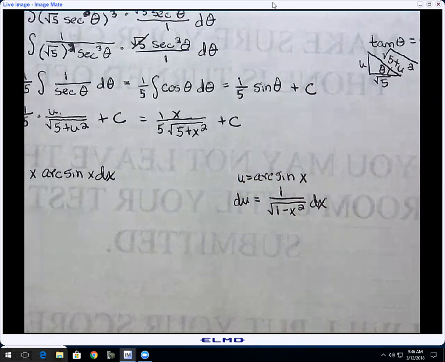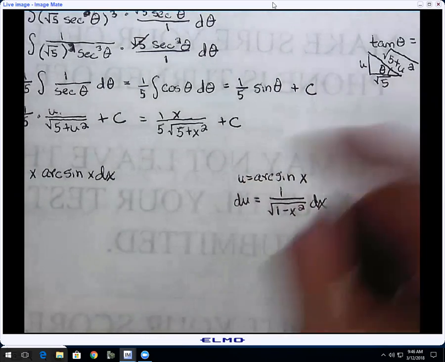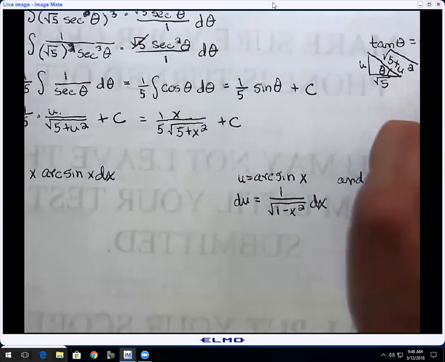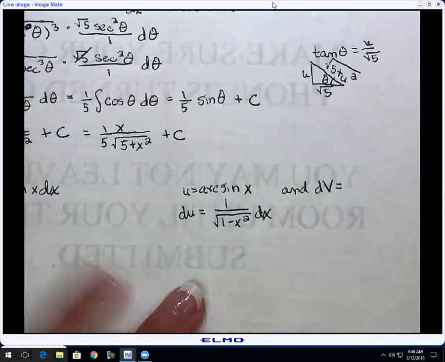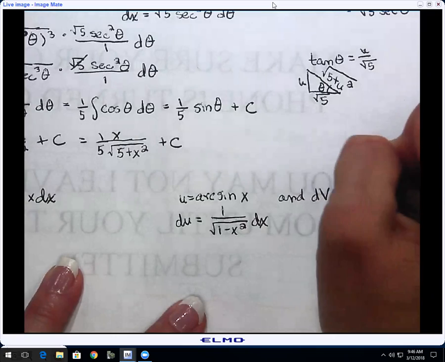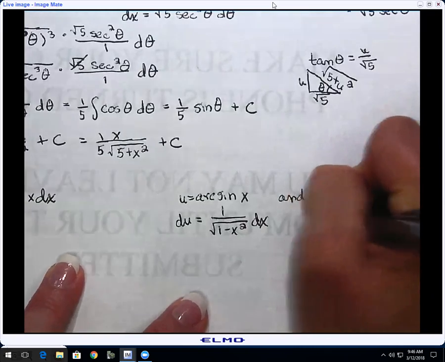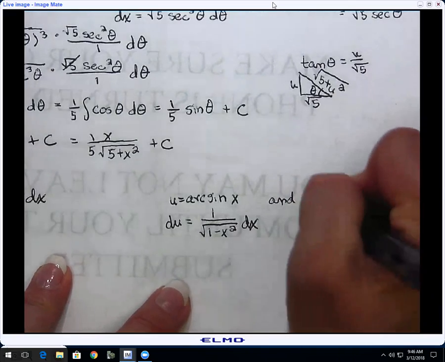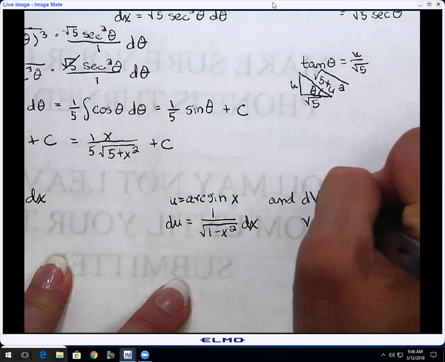Oh, there's where the radicals are going to come in. And if that's u, then what does dv have to be? Everything that's not part of u is part of dv. That's x dx. And so what's v? The integral of that is 1/2 x squared.